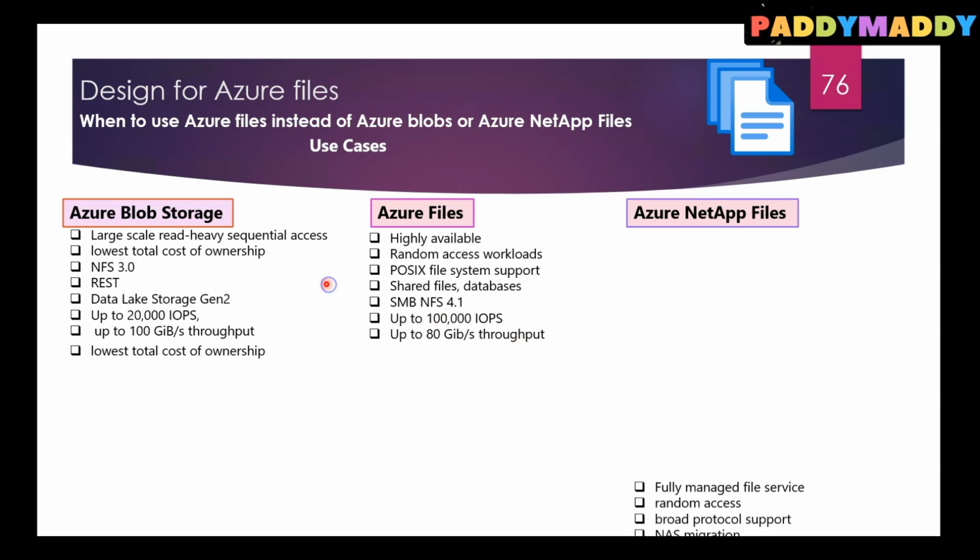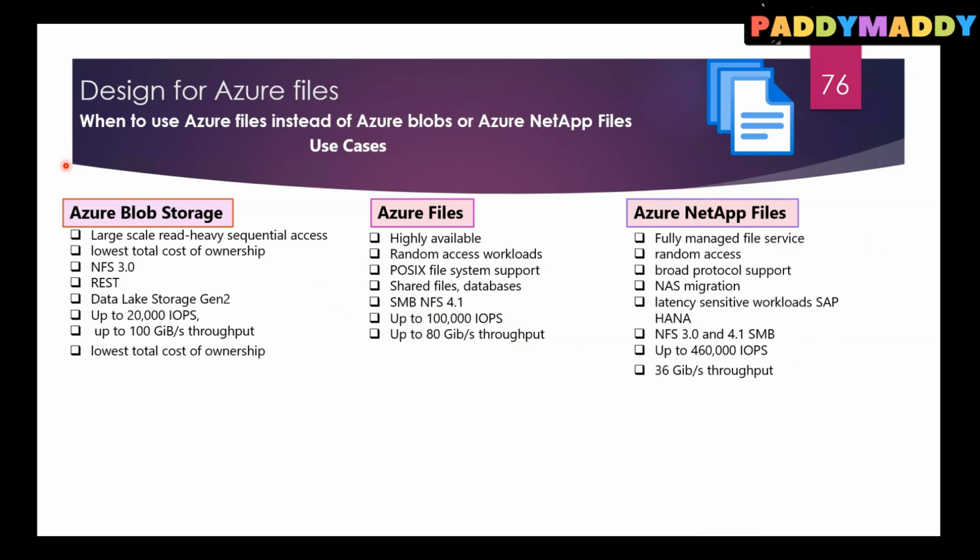Let's also look at NetApp specifically. As we just talked about, it's a fully managed file service in the cloud, backed by NetApp, with advanced management capabilities. It's best suited for workloads that require random access and provide broad protocol support.